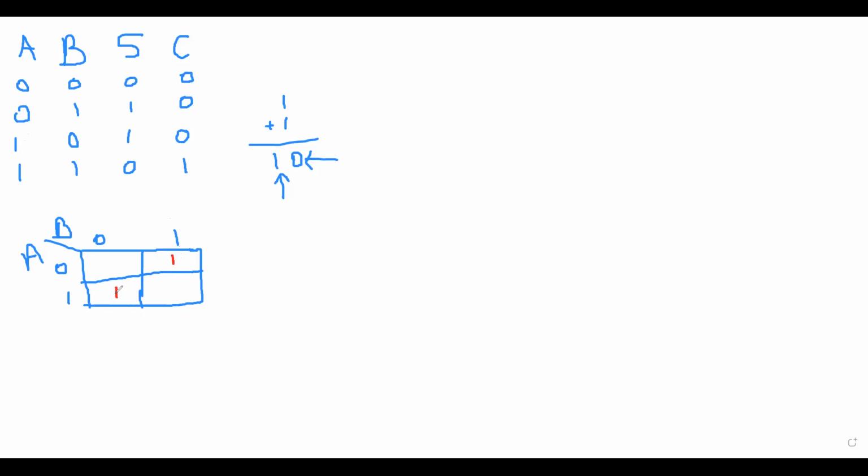I want my expression in sum of products. That's why I'll take the 1s. If you want your expression in product of sums, you can take the 0s. Now, here you can do diagonal grouping. Diagonal grouping is XOR.